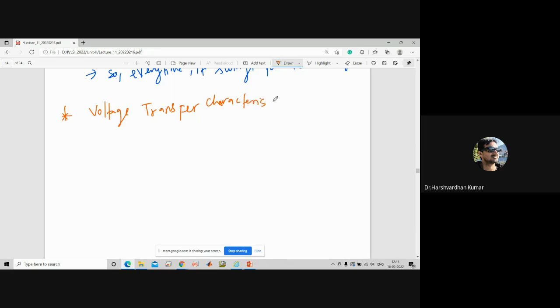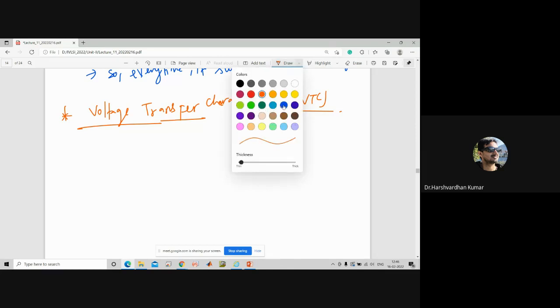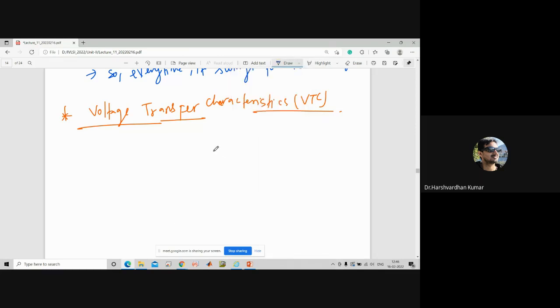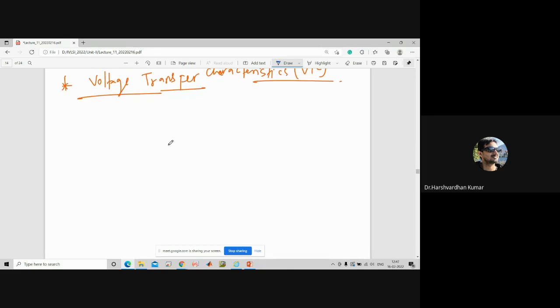Voltage transfer characteristics is also known as VTC. Now, if we talk about the NMOS transistor and PMOS transistor, forget about the inverter. If we talk about the NMOS transistors or PMOS transistors, we know very well the output characteristics of NMOS and PMOS, right?